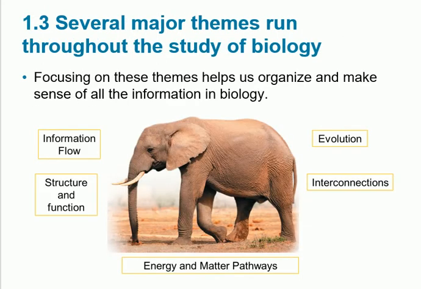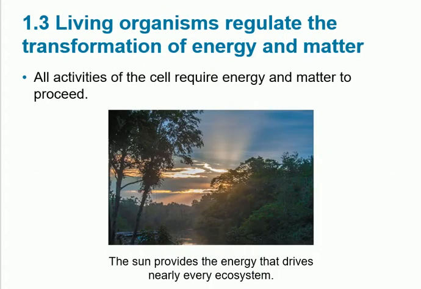Energy and matter pathway, which is this one. Any activities of the cells, which is the fundamental unit of life, will need energy and matter. So for your cells to survive, you need to give the cells energy, which is in the form of ATP, and you should give them matter. Matter is something like amino acids, fatty acids, and so on.